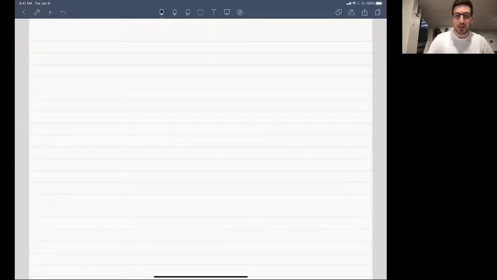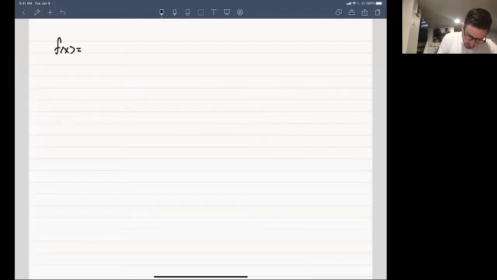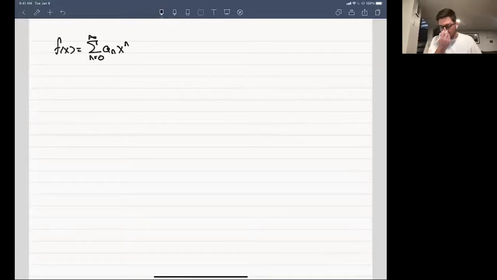I want to start by briefly sketching out an idea here. Okay, so first of all, imagine I have a function described by a power series. So if I've got f of x is equal to an infinite sum of a_n times x to the power of n. So actually, let's do x minus a to the power of n, just to keep it as general as possible.